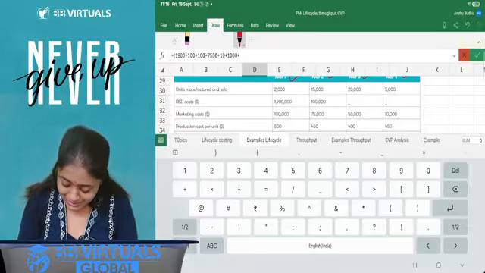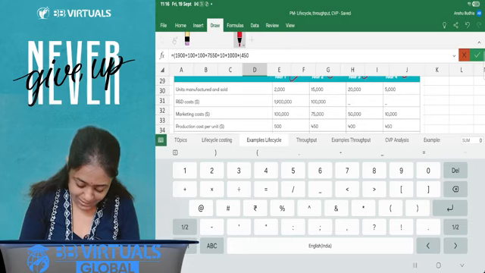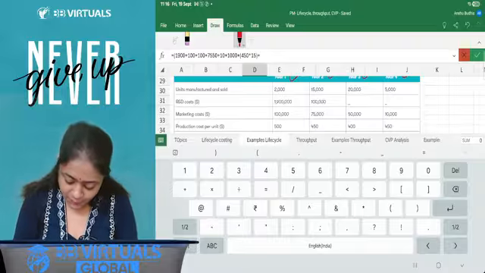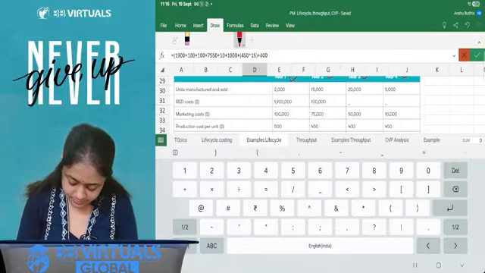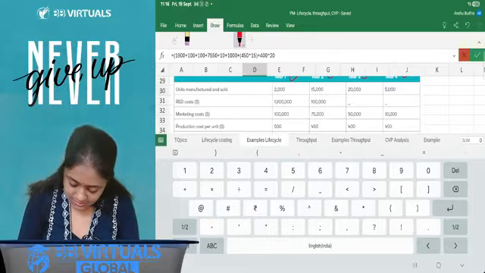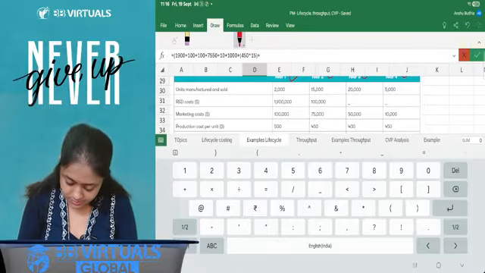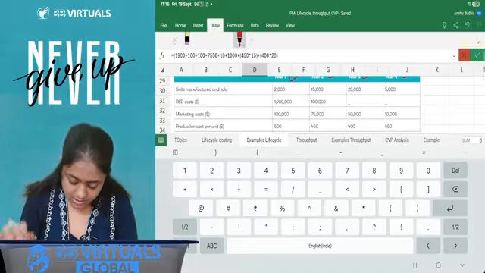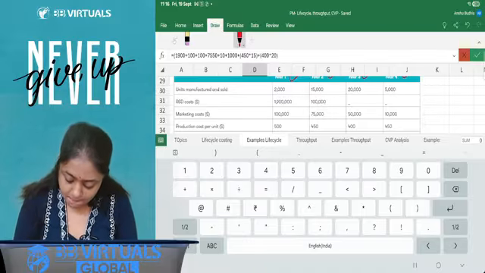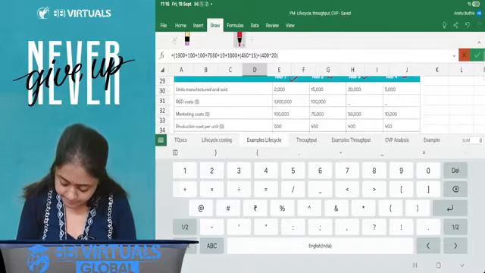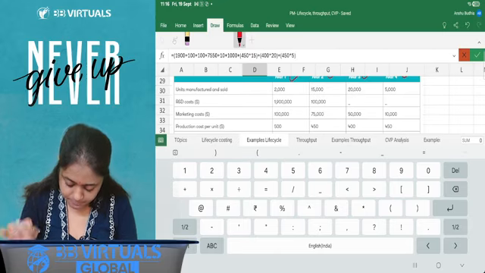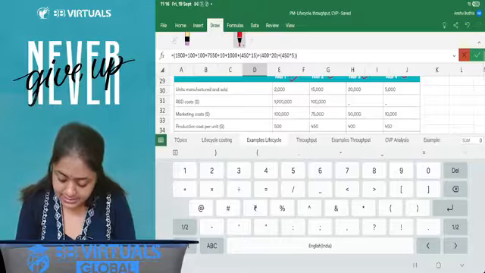For that now I need to use the brackets. 450 multiplied by 15, plus we will have 400 multiplied by 20, plus 450 multiplied by 5. Okay, so now we are done with this.